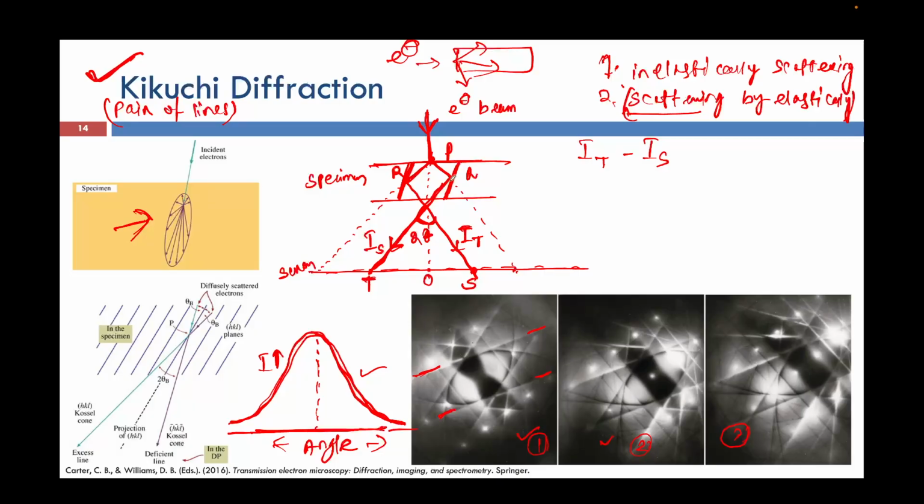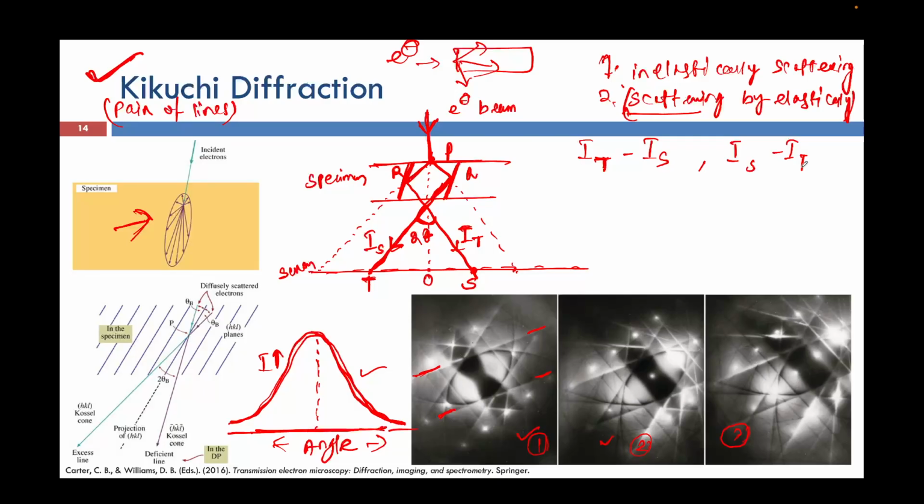This is relative to if this diffraction would not have taken place. So at point S the intensity will be increased by IT minus IS, and at point T the intensity will be increased by IS minus IT.